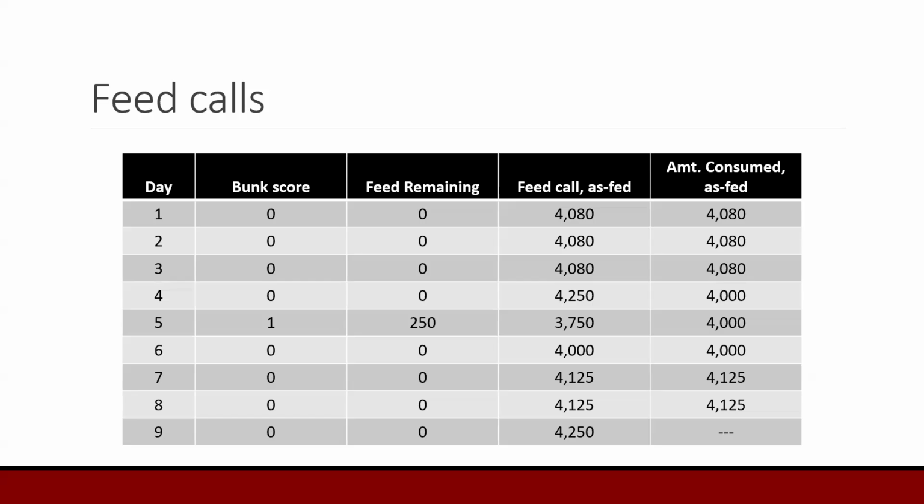Okay, we're going to hold them. So that's going to be 2 days in a row of 4,125. And that next day, we have a bunk score of 0. They've had 3 days of consuming 4,000 pounds, 2 days of consuming 4,125. So we're going to give a quarter back again so that this amount that's offered is back to where it was before the cut. Does that make sense?